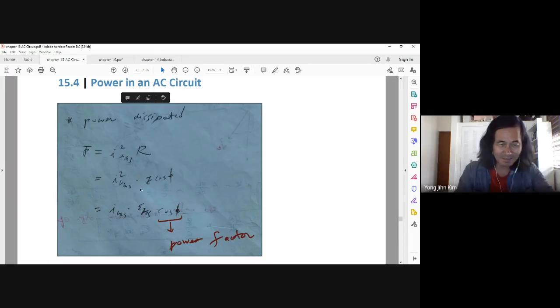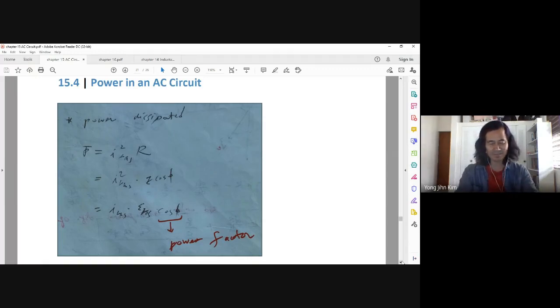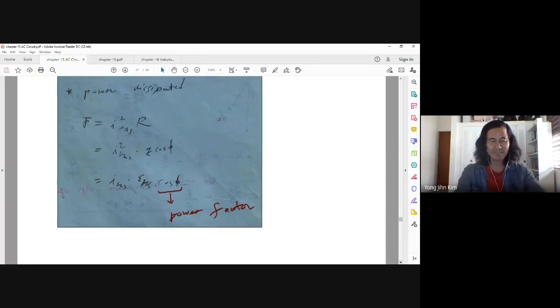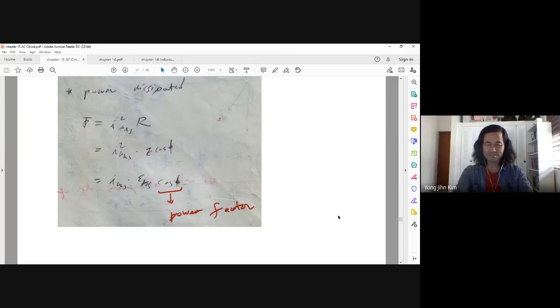And then current times impedance, that's the voltage. So this is the RMS value of voltage. So average power is RMS value of current times RMS value of voltage times cosine phi. So the power dissipation depends on the angle through the cosine function. This cosine function is called the power factor.